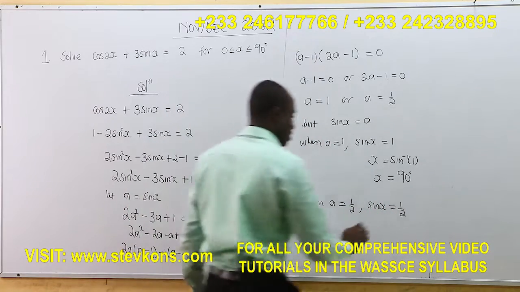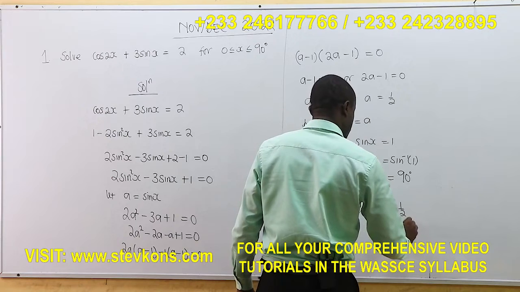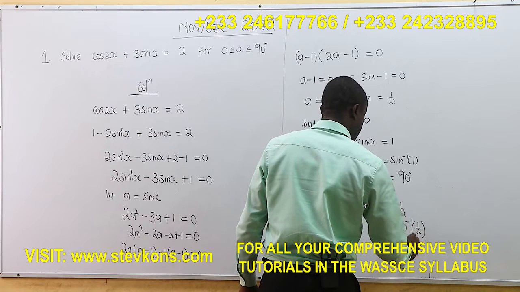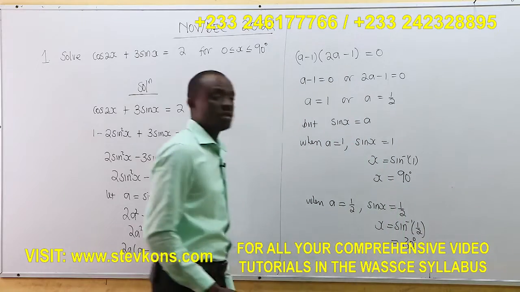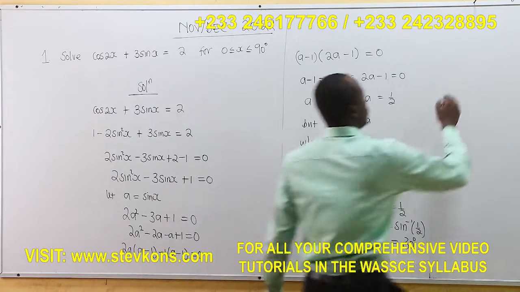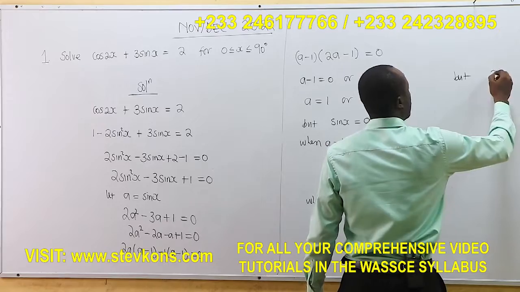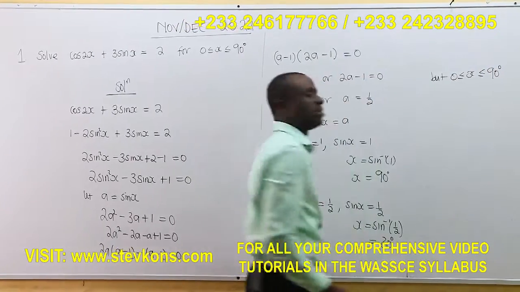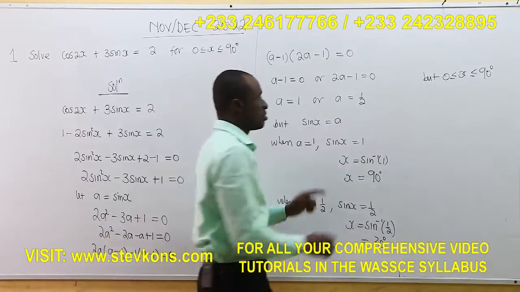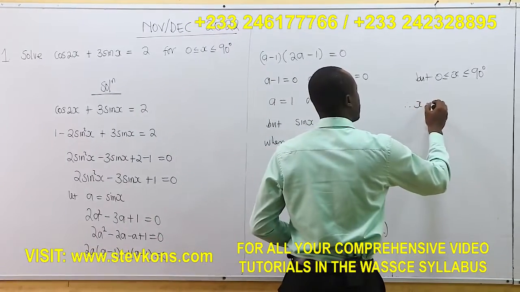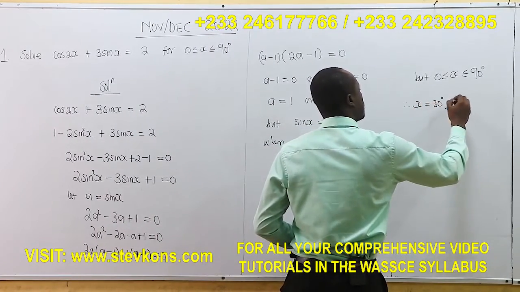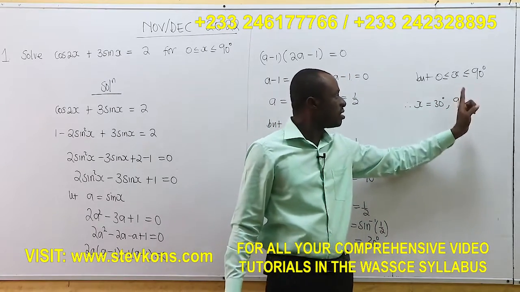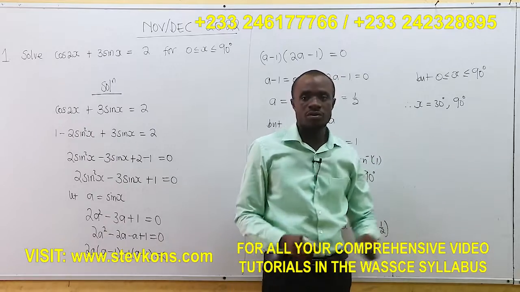So clearly from here, x is equal to sine inverse of half, and sine inverse of half is 30. But we know that x is greater than or equal to 0 and less than or equal to 90 degrees. Hence the two values of x. Therefore, x is 30 degrees, and 90 degrees is also part because it is less than or equal to 90.